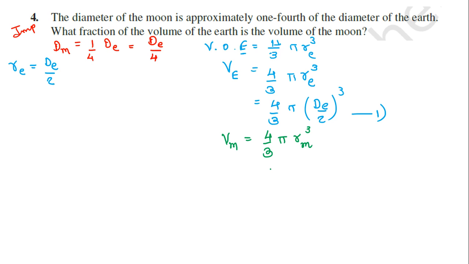See the pronunciation, you should know pronunciation also. 4 by 3 pi Rm cube. Radius of moon is equal to diameter of moon by 2. So now I will write (diameter of moon by 2) whole cube. It is equation number 2.